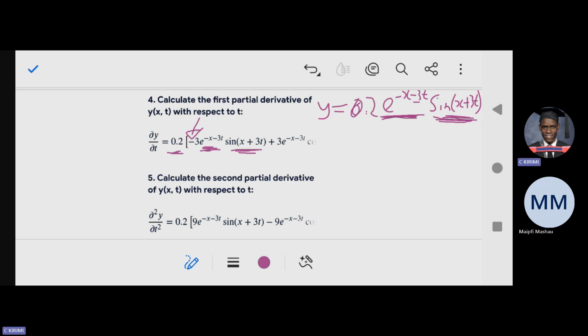Then when you differentiate this side, you are going to get the same equation. It will be plus e to the power minus x minus 3t. This one you keep it what? Constant. When you differentiate sine, you are going to get what? Cos of the same thing inside. But because of chain rule, there is 3t here.